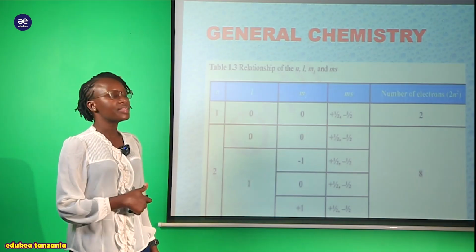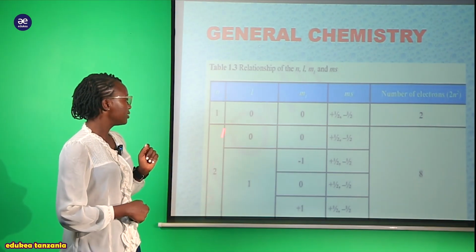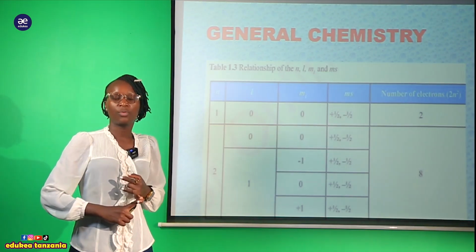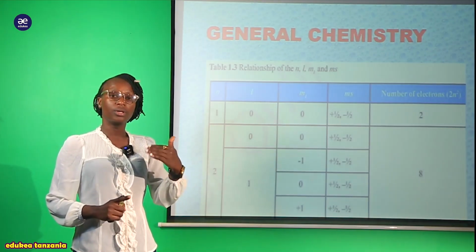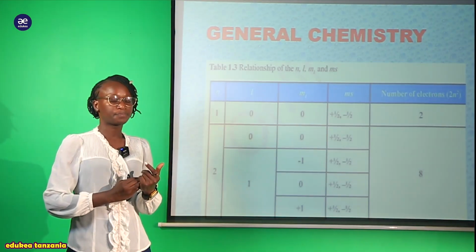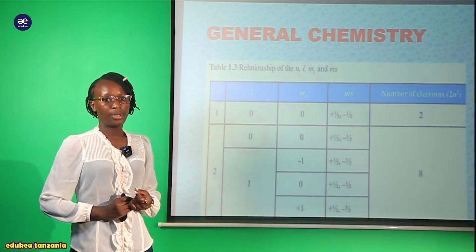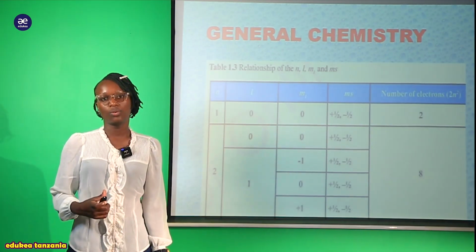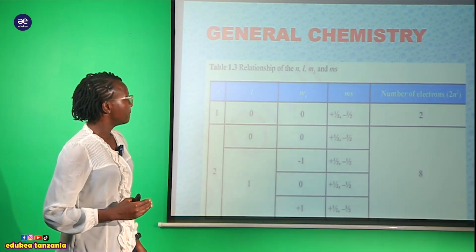Sasa hapa in this table there are just only two principal quantum numbers, ambapo tumechukua n sawa na 1, lakini pia n sawa na 2. You will try on your own kama tuna n ikiwa sawa na 3 inakuwaje, n ikiwa sawa na 4 inakuwaje. But here we'll just see only these two, n ikiwa sawa na 1 na n ikiwa sawa na 2.